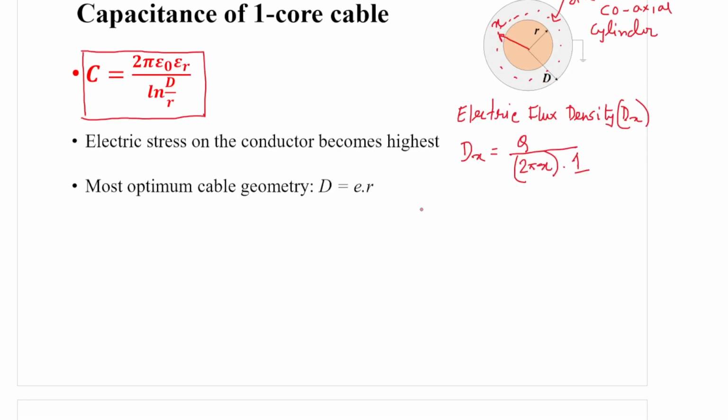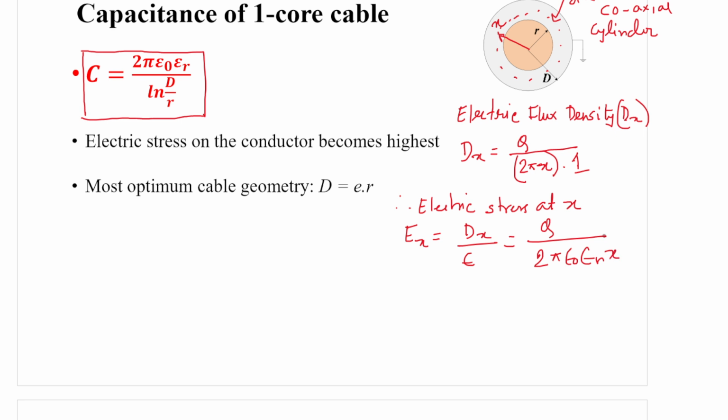So now the electric stress at distance x, Ex, will be equal to Dx by epsilon. So it will be q by 2 pi epsilon 0 epsilon r into x.